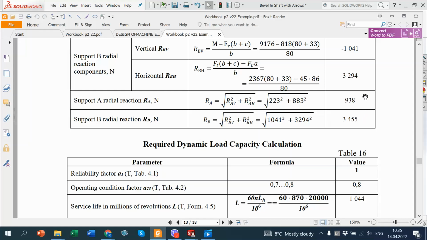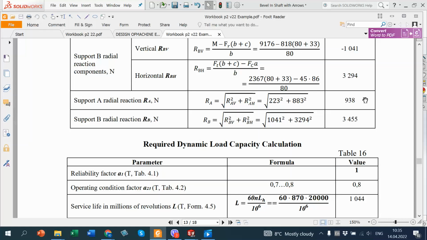And you'll see that B reaction approximately 3 times greater than A reaction. And of course, bearings will be different. But from technological reasons, better if we make both bearings the same, with the same load capacity, with the same dimensions.